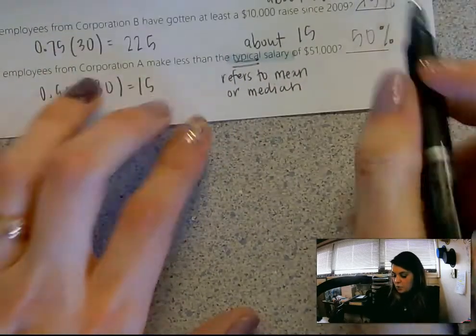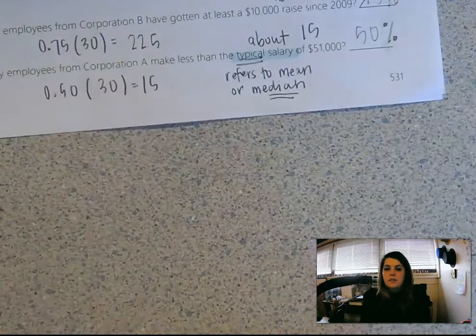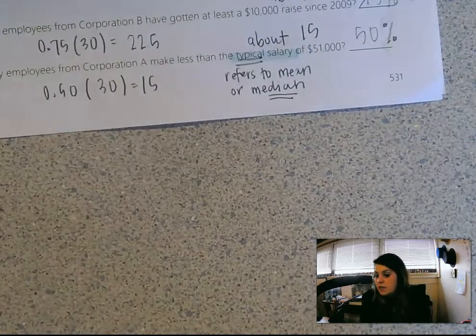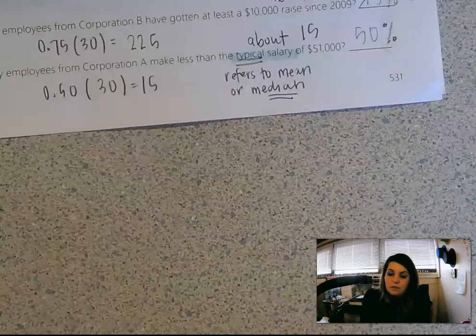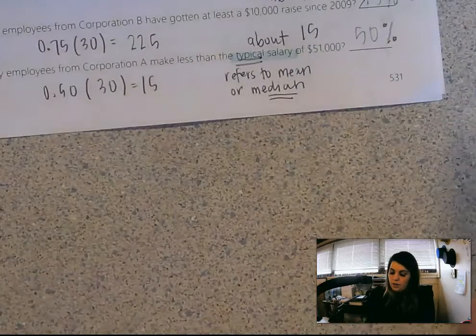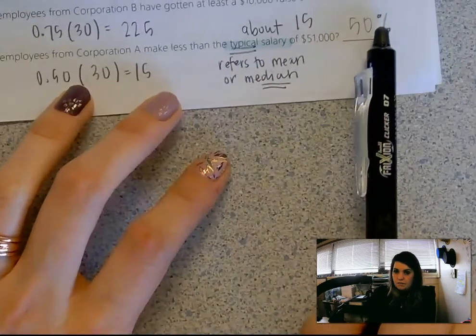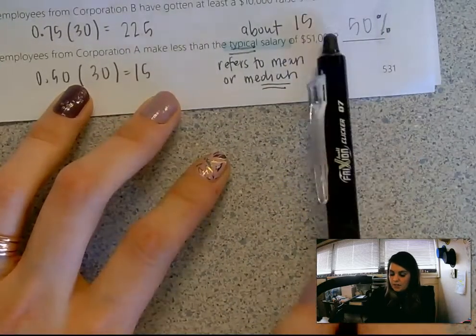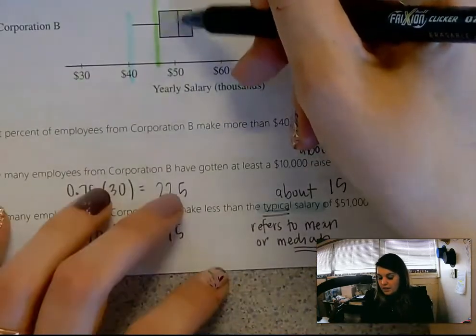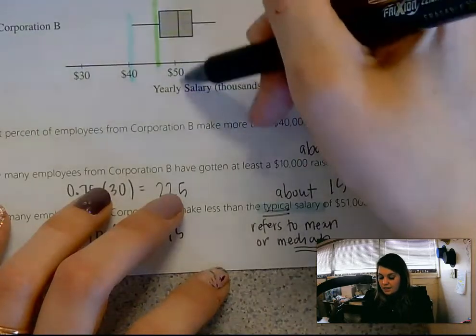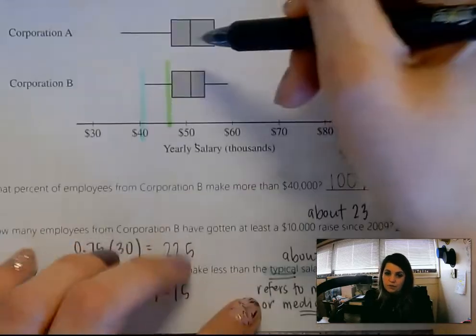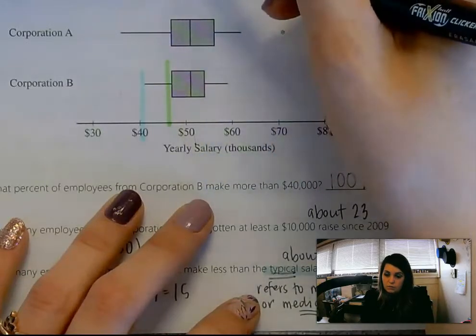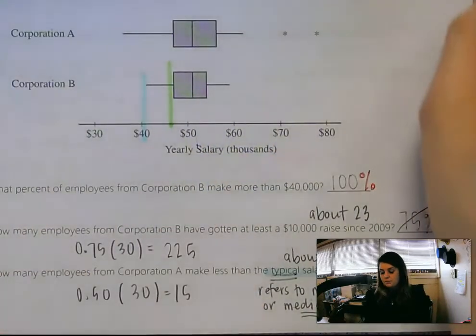So in this case, we're going to choose the median, and the median is the point in your data for which 50% is above that value and 50% is below that value. So 50% is 15 employees. And if you didn't know that, you could come up here and see, oh, 51% is the median for both of these distributions. So middle, median, 50%.